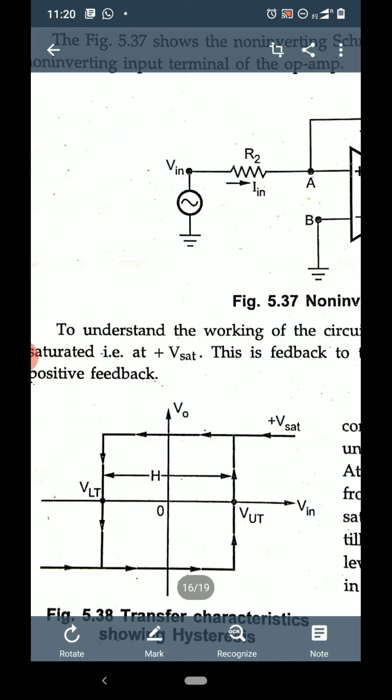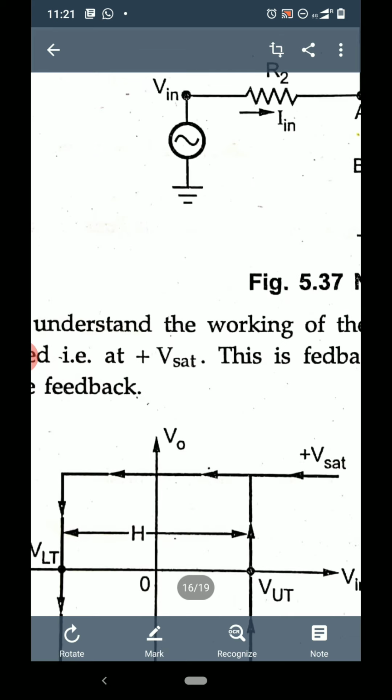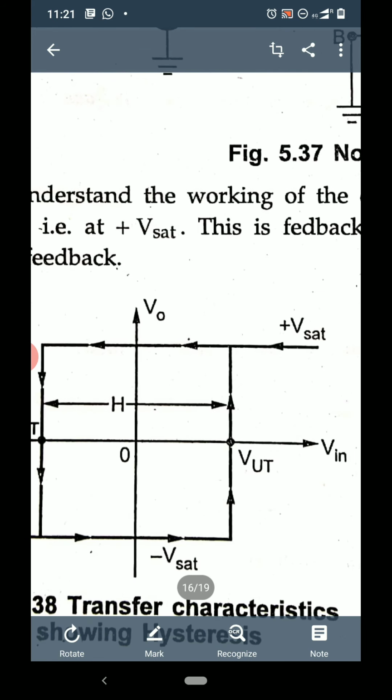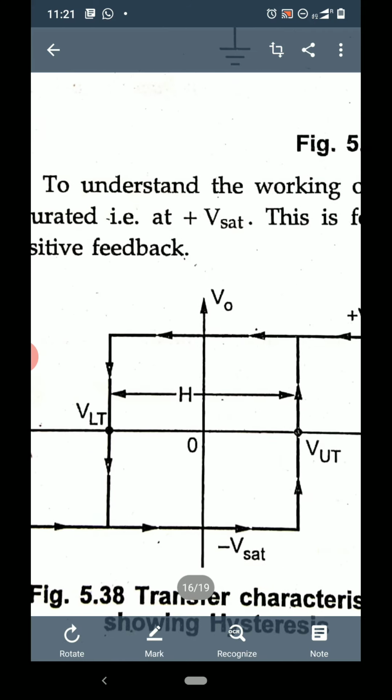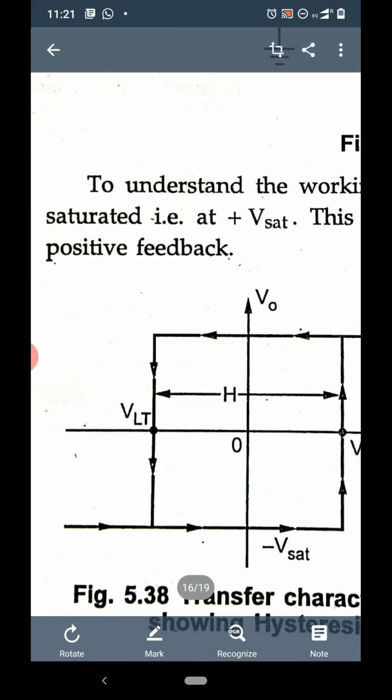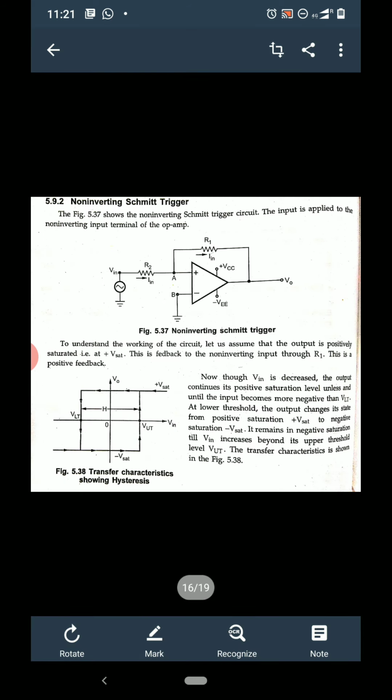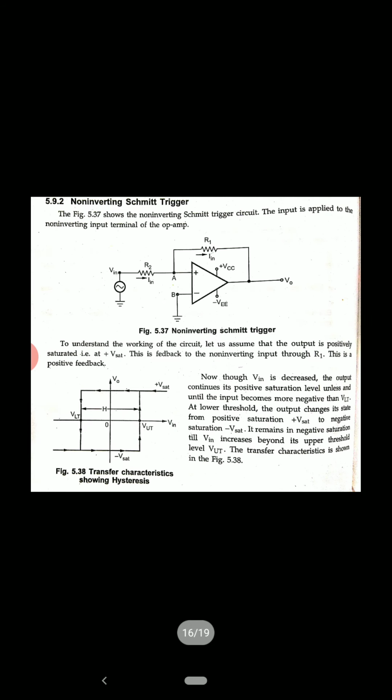The directions have been changed, but when V input is greater than VUT, output is now plus V saturation, unlike the previous diagram. And when V input is less than minus V reference, that is less than VLT, where minus V reference is equal to VLT, the output is minus V saturation. This is nothing but the transfer curve or hysteresis loop.